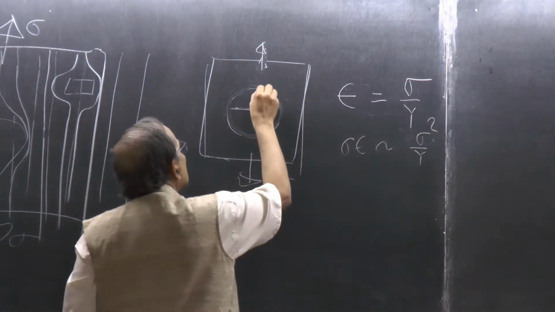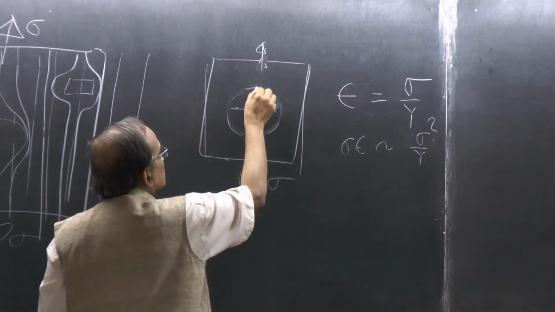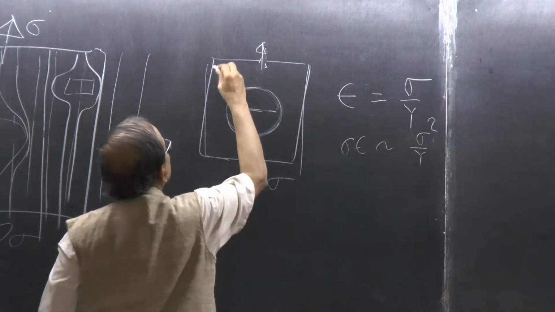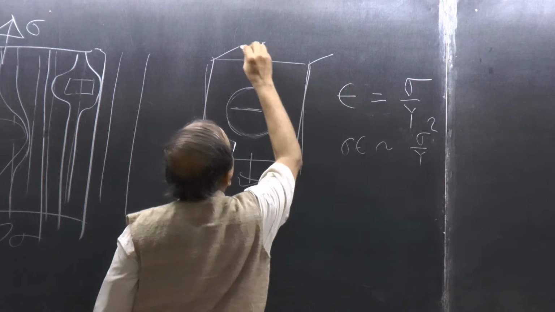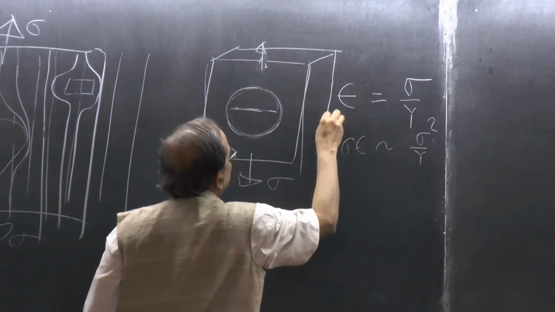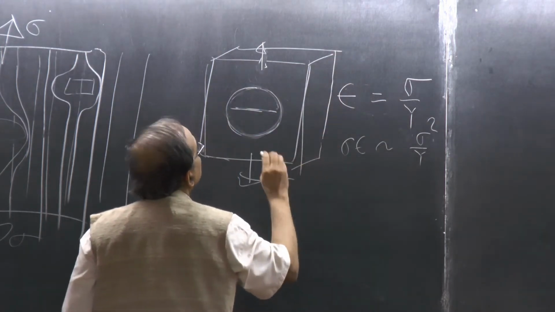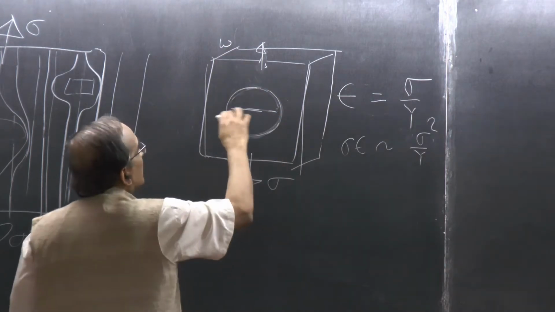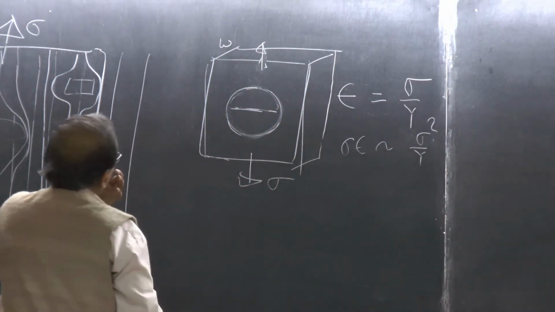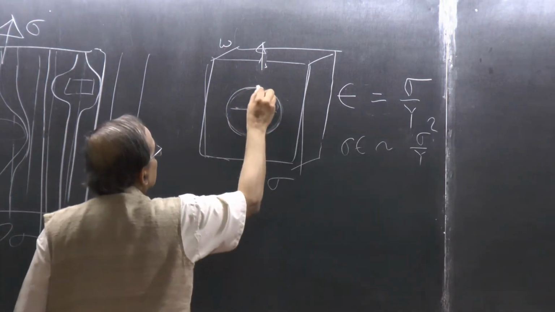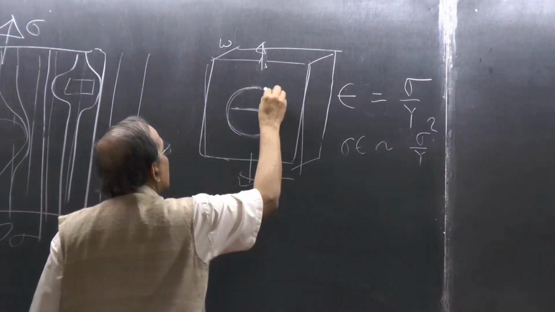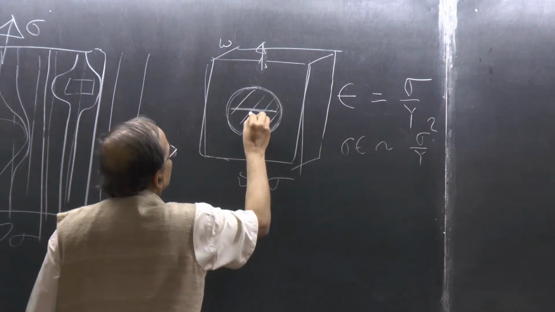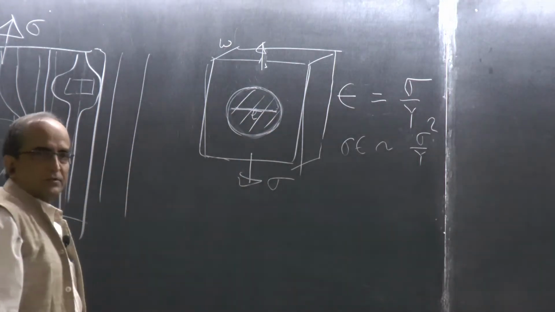So let us assume a geometry, and I am assuming a circular cross section. Say the width of the sample is this. I am just showing a cross section, and on this cross section, the defect region is some kind of circle with the length of the defect as the diameter.